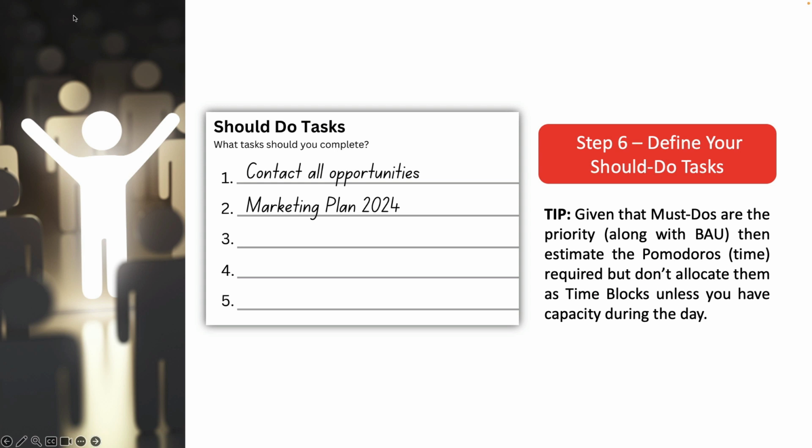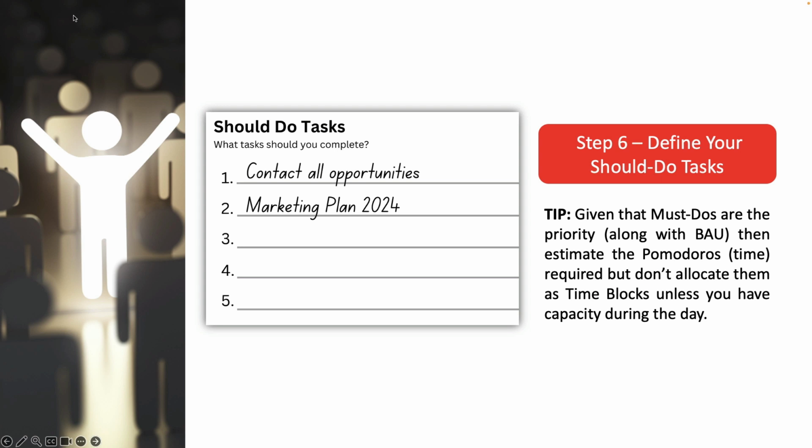Then we go to the should do tasks, right? So have a look at all the must do's, and then create a list of should do's, right? So I'm saying you should have 2, maybe 4 must do tasks at the top. Then there's a whole heap of other things which could be should do tasks. Now I'm not including business as usual tasks in these, right?